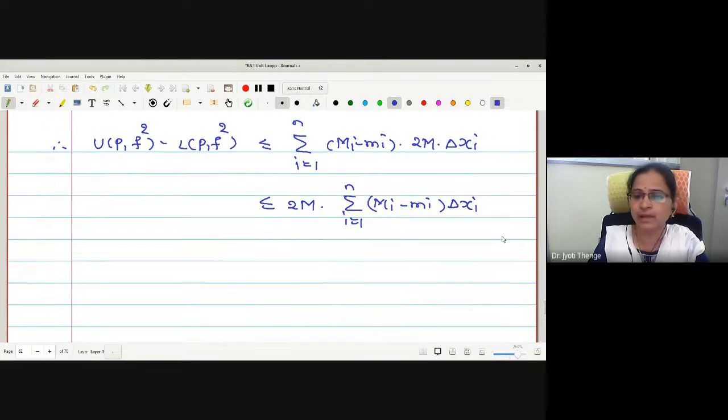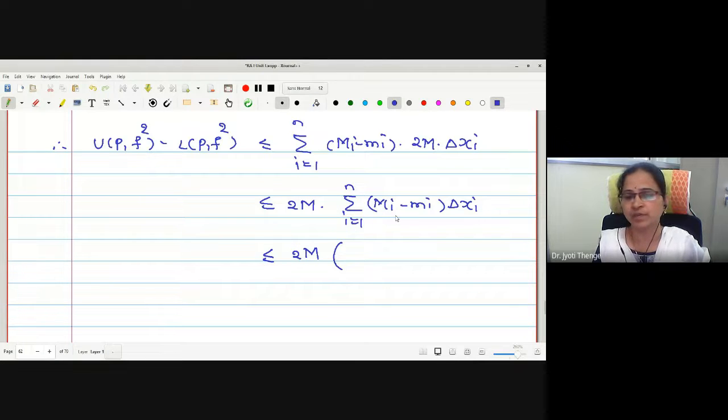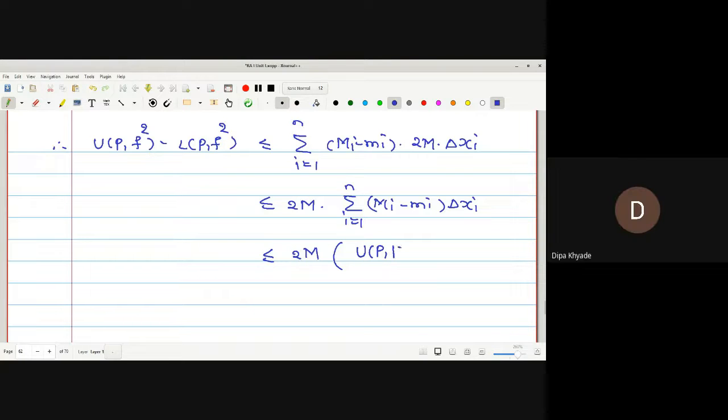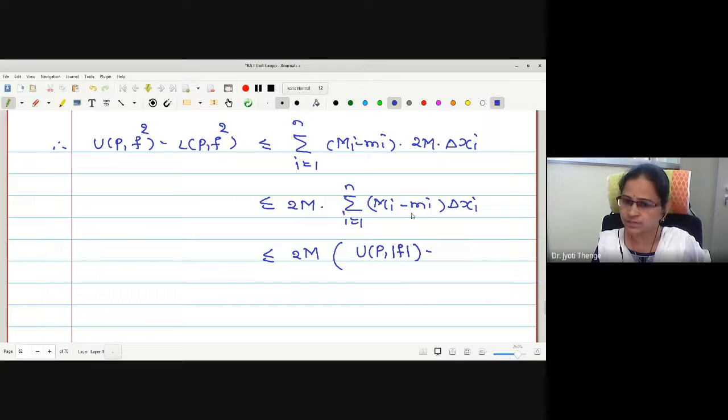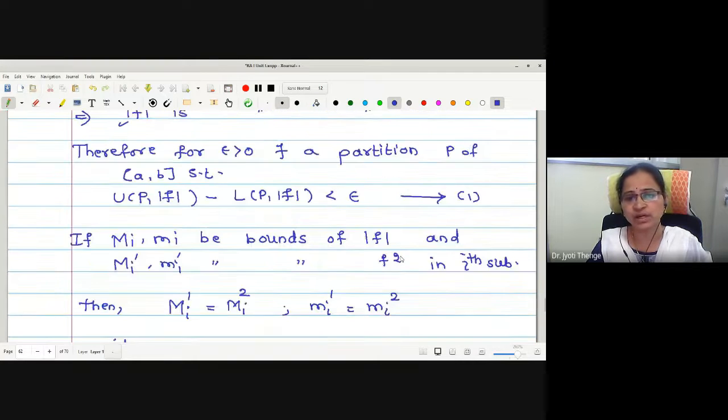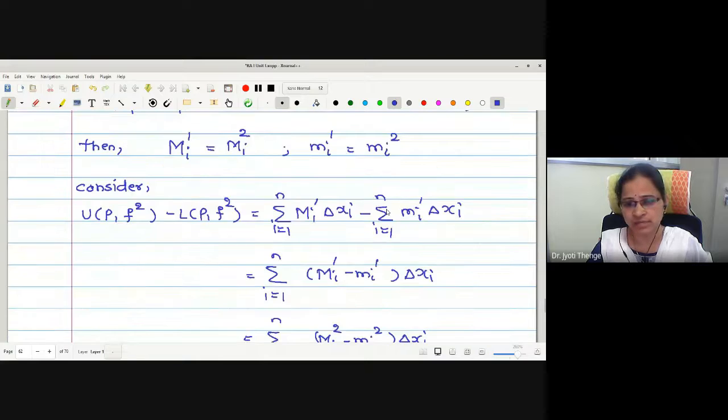Now multiply delta xi to this bracket, it will give you both the sums. What will the first sum give me? Summation capital Mi delta xi, the upper sum, right? For which function? Mod f, yes. And summation small mi delta xi is the lower sum. But already we have proved this is less than epsilon, by statement number 1.